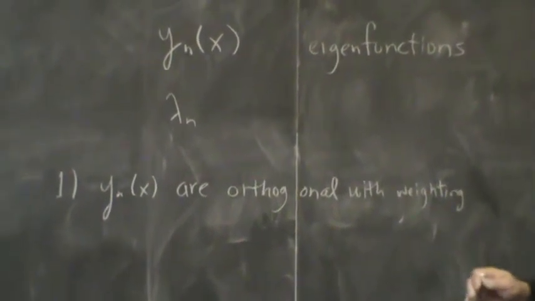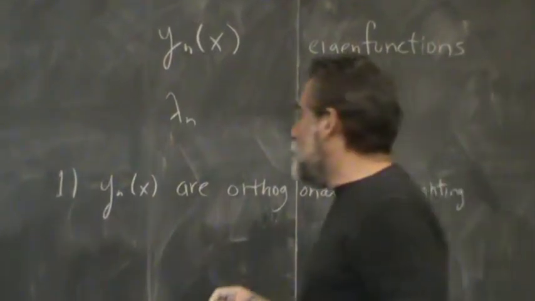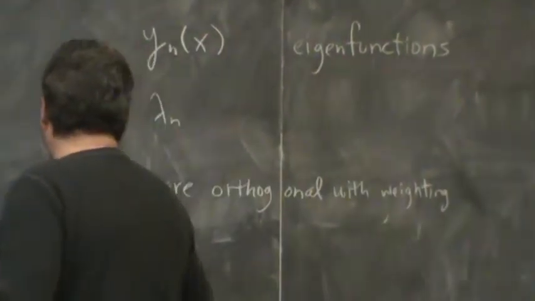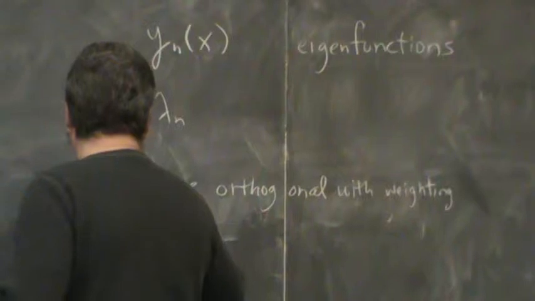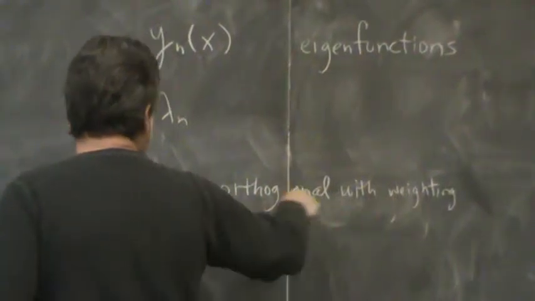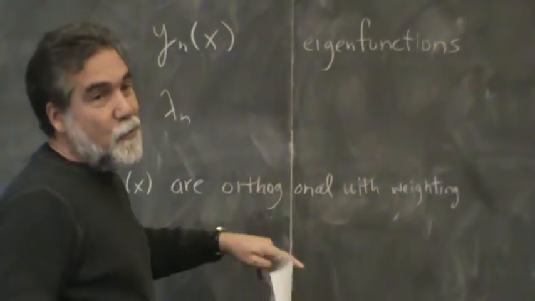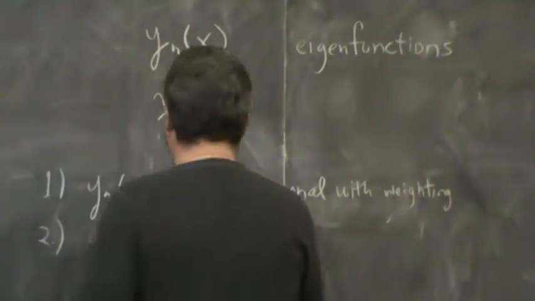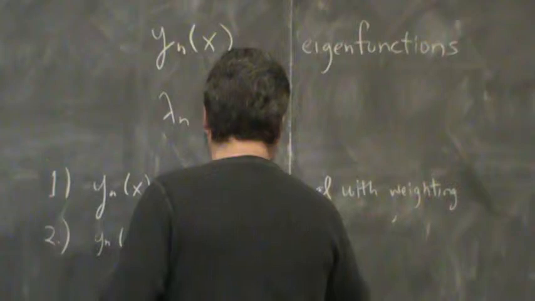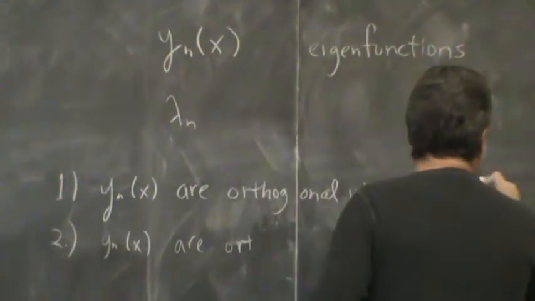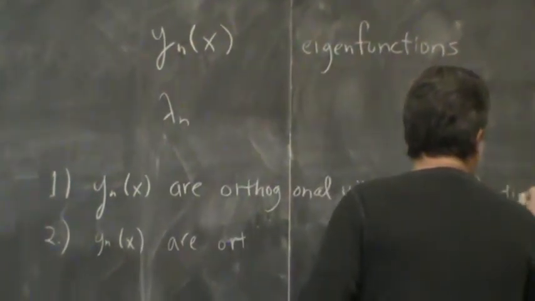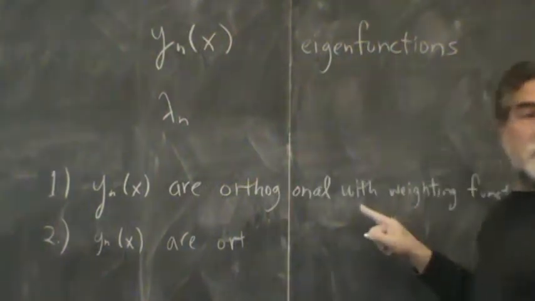let me write it down, okay? This is with the appropriate, so actually, let me write. We're sure they're orthogonal. With the proper weighting, then they're orthonormal as well. But I have a weighting function here, so I'm mostly concerned with the form.